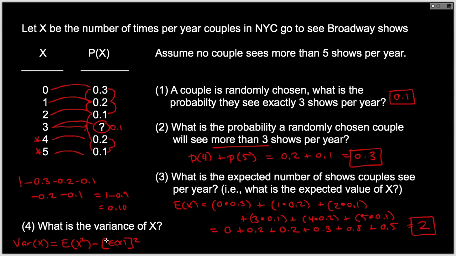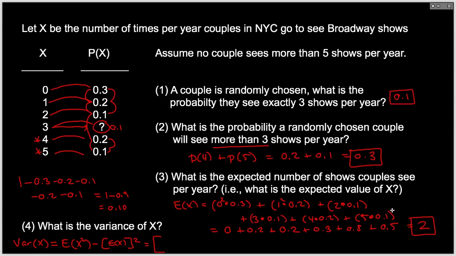So what's this first part? You just take this value in front and square it. You do the same thing you did above, except you square these x values.